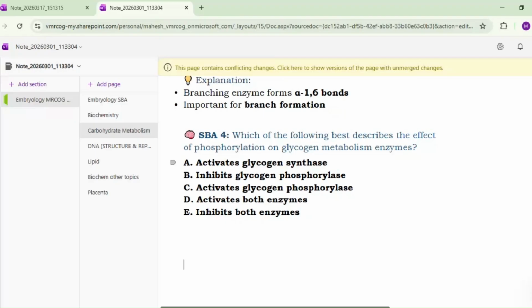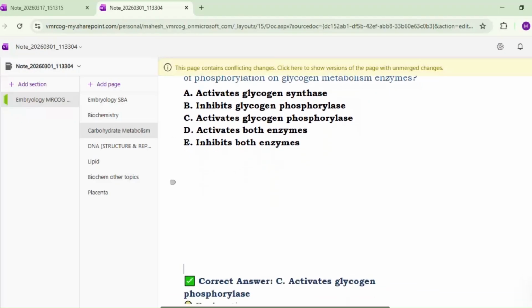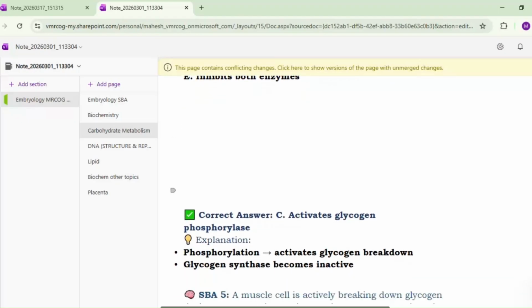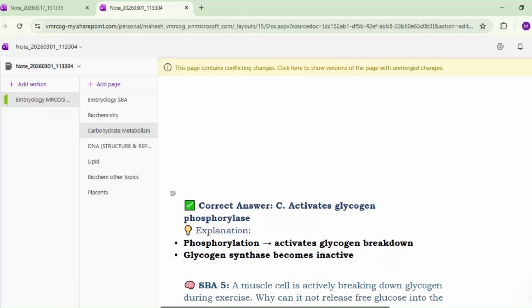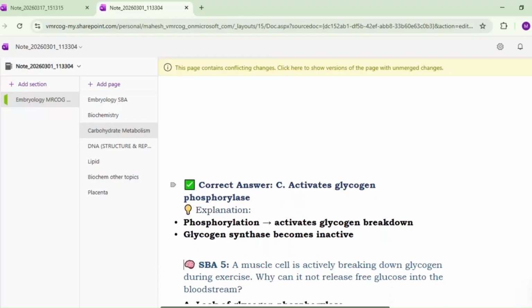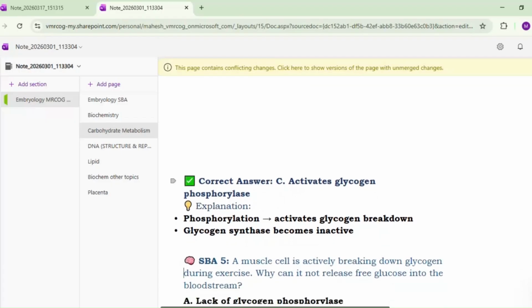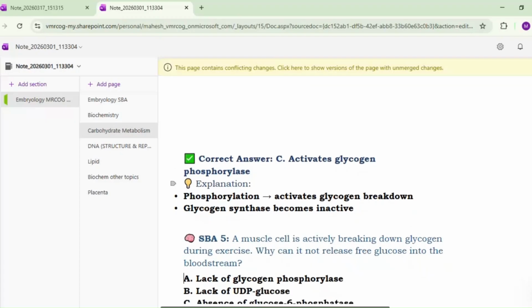So option C, activates glycogen phosphorylase. Correct. Phosphorylation will activate glycogen breakdown, so glycogen synthase will become inactive and phosphorylase will be active.